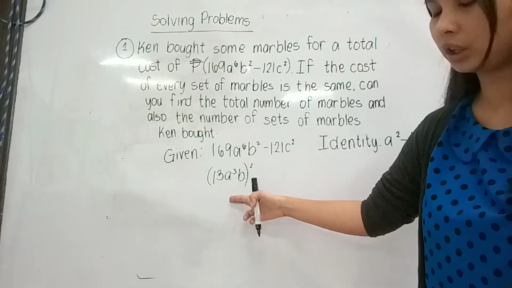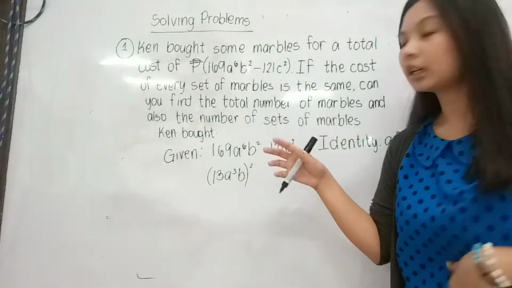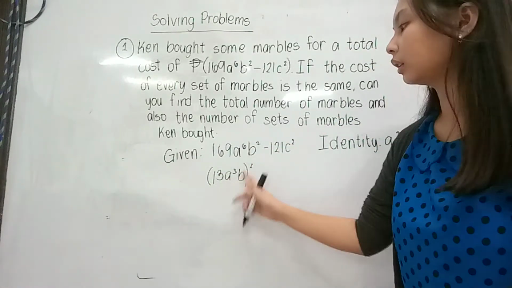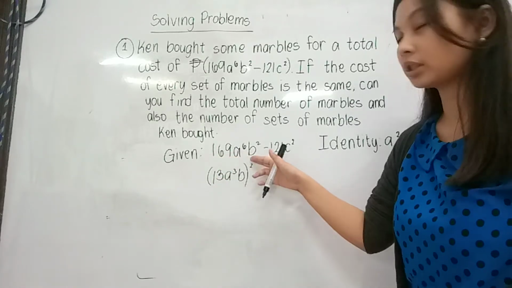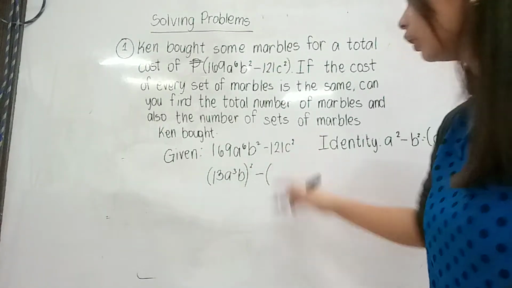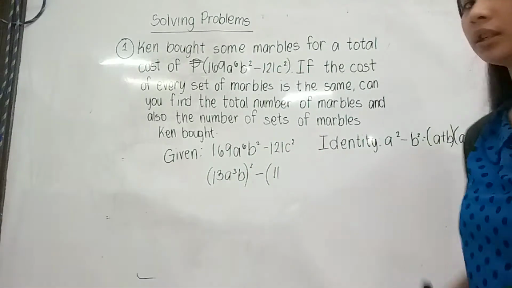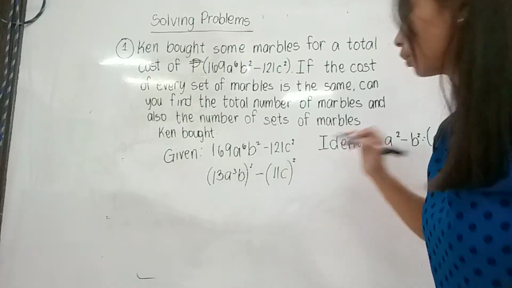Huwag po kakalimutan yung squared sa labas ng parenthesis natin. Kasi kapag in-expand pa rin natin ito, kailangan po ang kalalabasan nyo pa rin po is yung nasa first equation natin. So, next naman, 121 is 11 po sa kanya, okay? So, c squared po is c lang. And then, squared po ulit.